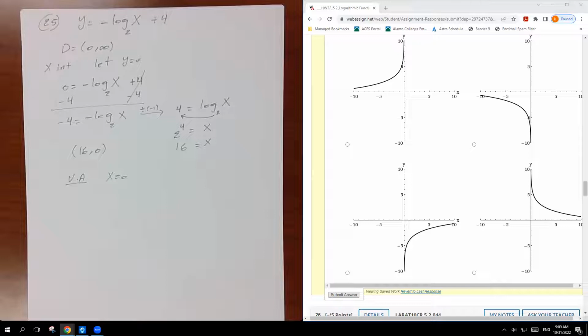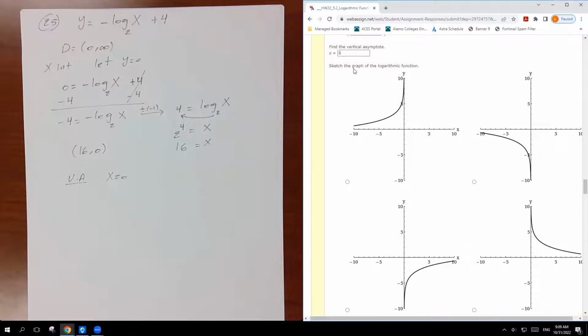So in this case, the vertical asymptote is x equals 0, where the function is not defined, the same thing here, and here, and here. In this case, you have to take 2 numbers and plug them into the function, or you can sketch the graph by using the calculator. This one is going to be the right option, this one.